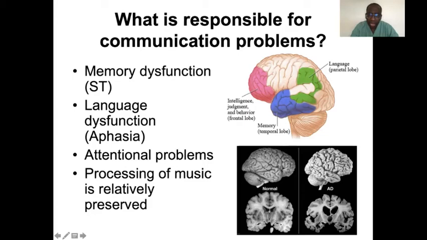And in fact, there is a type of Alzheimer's disease that actually begins with language dysfunction, but the majority, as I mentioned, begins with memory dysfunction. And so, as these areas become involved, the memory centers, you have memory dysfunction, and then the language centers, you have language dysfunction, which we call aphasia, and then the frontal centers causing problems with behavior, judgment, and even attentional problems.